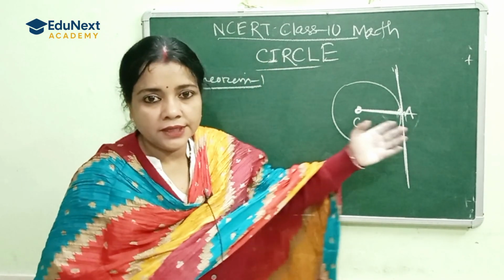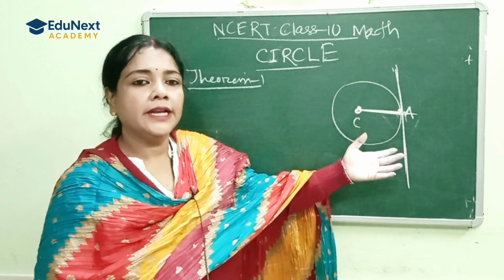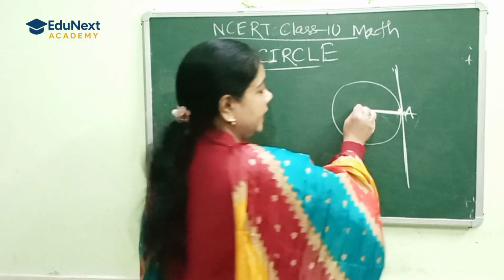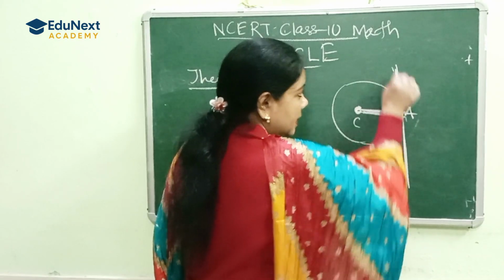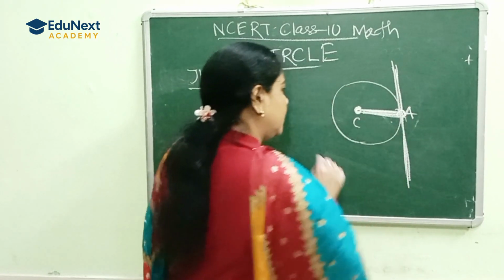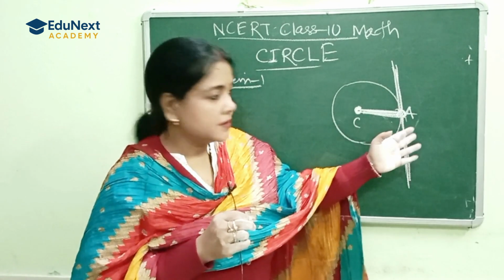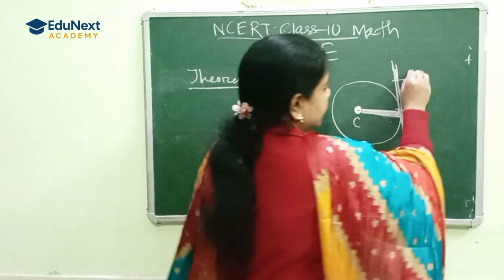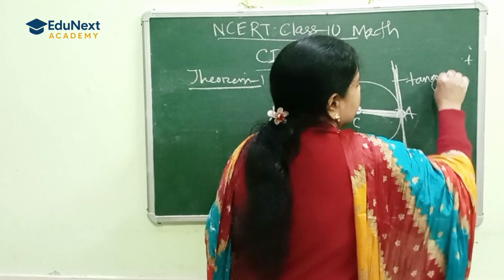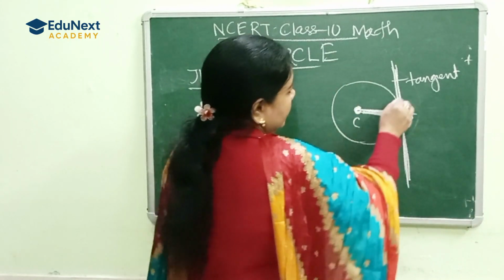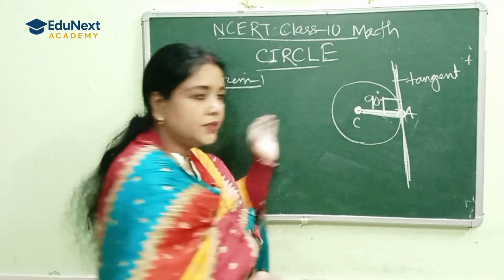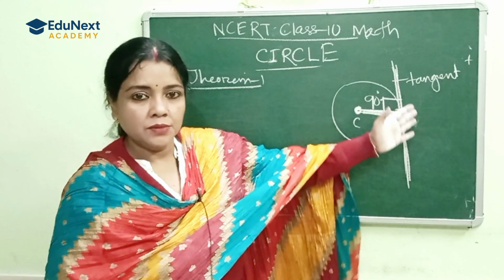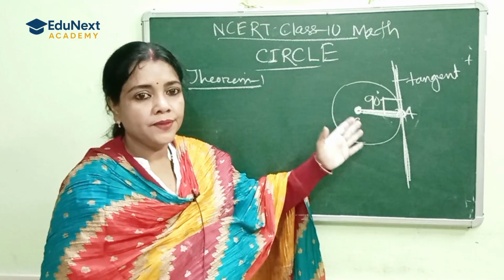Suppose this is a point A or P, whatever you can take, and if you take the radius and the intersection point, this is a tangent. Now the angle is 90 degrees, meaning the tangent is perpendicular to the radius.